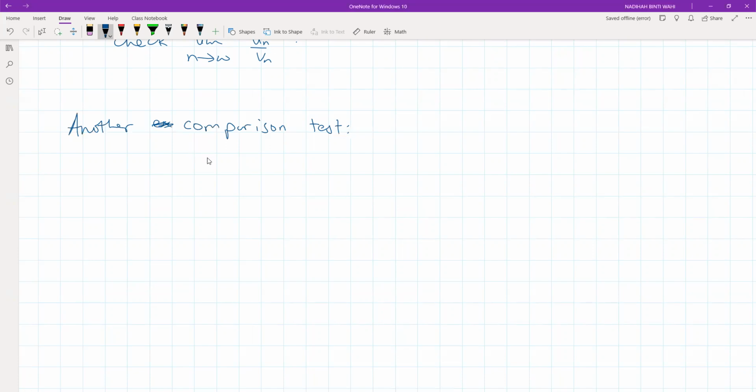For example, if I have the summation of n squared over n cubed plus 2, my hunch will be that this one is a divergent series.